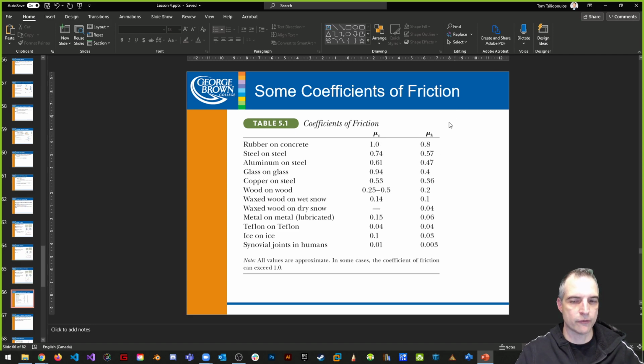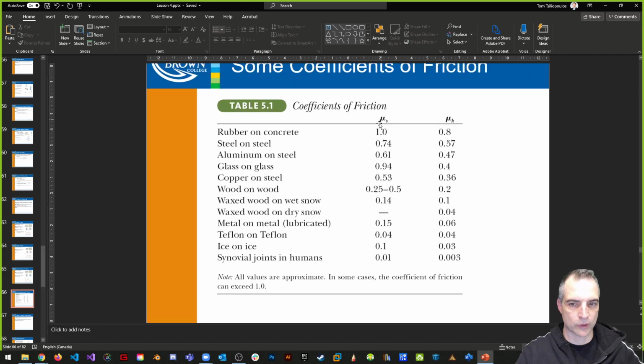Whereas when I'm physically moving across rubber on concrete, it's not as hard. It's still quite hard, 0.8. As a factor, that's the coefficient of friction times the mass times gravity. Mass and gravity is weight, right? So if it's a very massive object, then it would be hard to move.